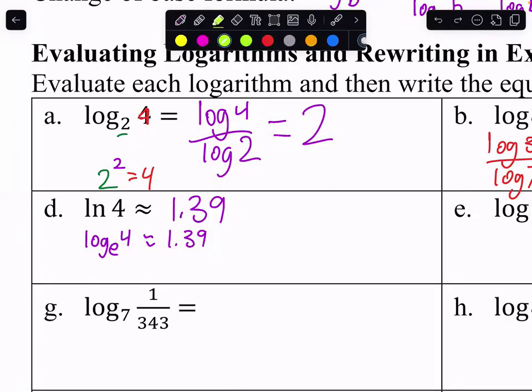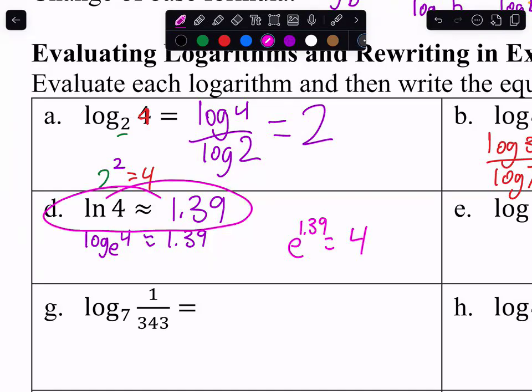So the base is e, so that becomes the base of the exponent. It's trying to turn into 4, so that goes on the other side. And the exponent that accomplishes this is 1.39. So this statement and this statement are equivalent. It's just two different ways of saying the same thing.